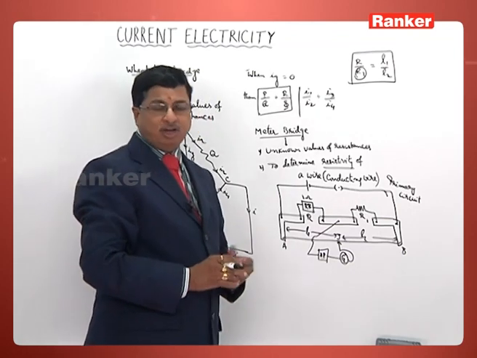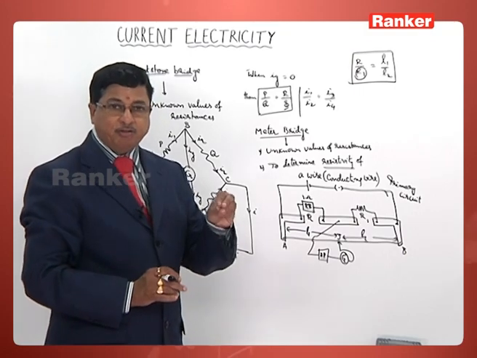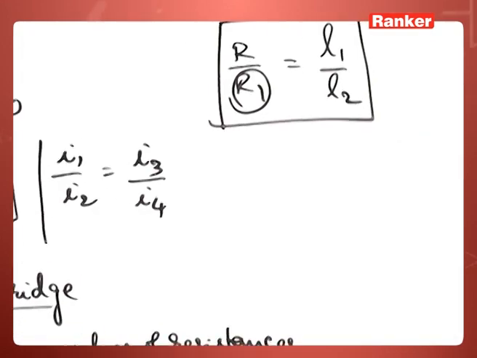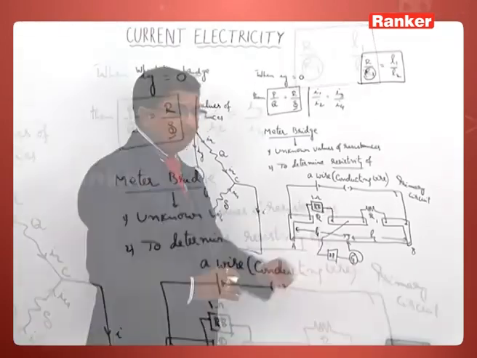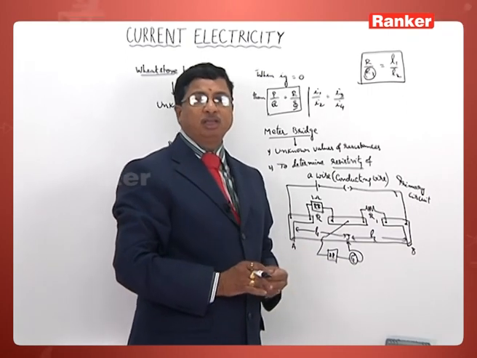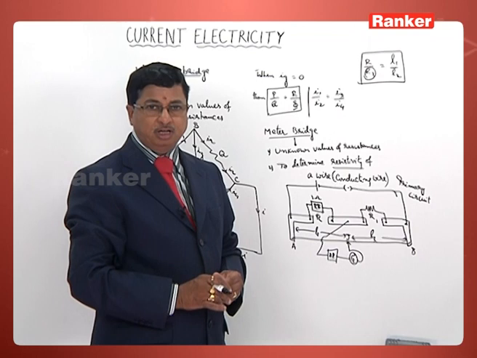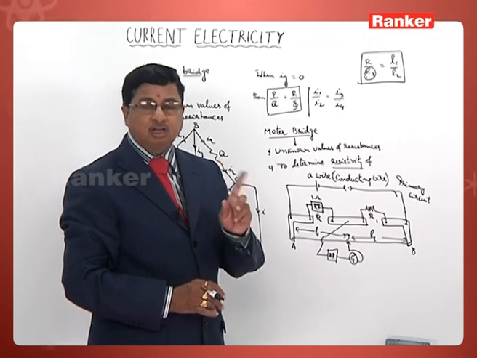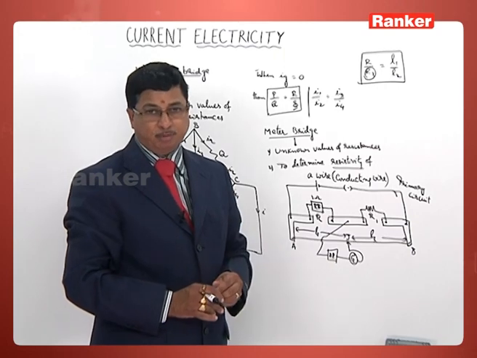But one thing one should understand: the meter bridge is a simplified form of the Wheatstone bridge. There is absolutely no difference between these two. We are taking up lengths over here. Why are we taking lengths instead of resistances? Theoretically speaking, resistance is directly proportional to the length of the conducting wire.